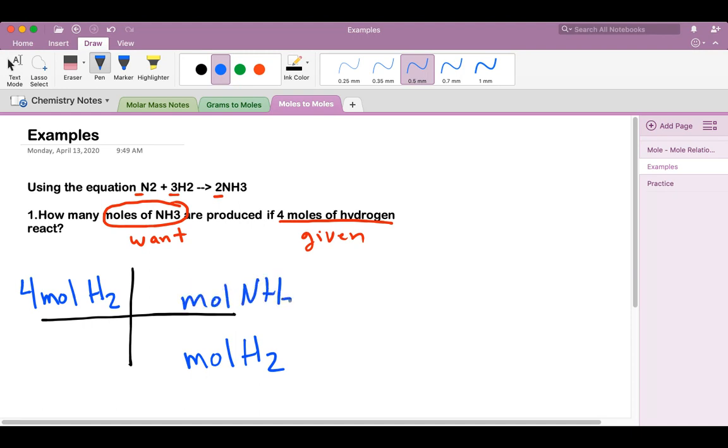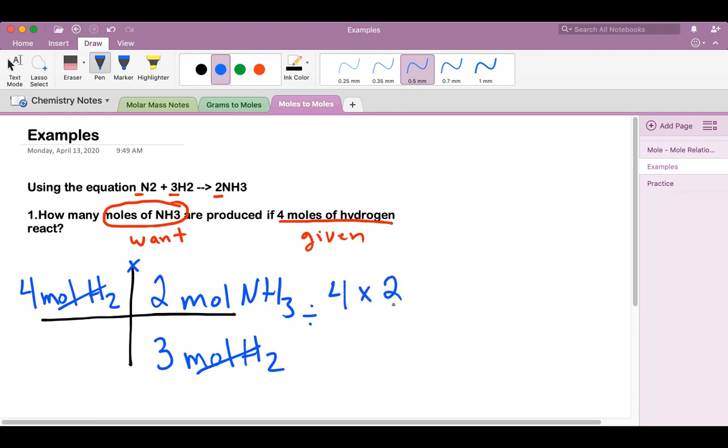So that's my want. And next, I just put in what I know. What do I know between moles of NH3 and moles of H2? I know that 3 moles of H2 produce 2 moles of NH3. So now all we got to do is multiply across, divide top and bottom. Mole of H2 is going to cancel with mole of H2.